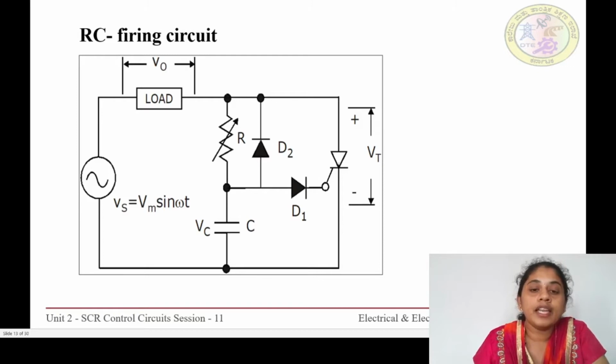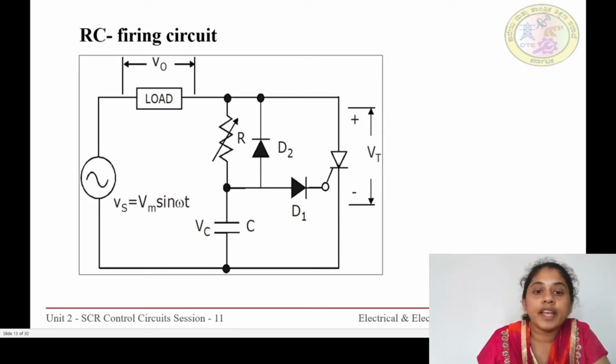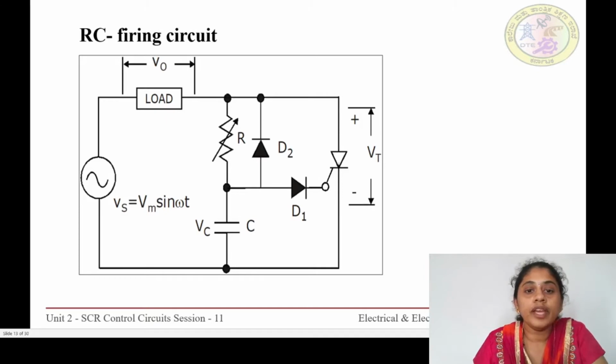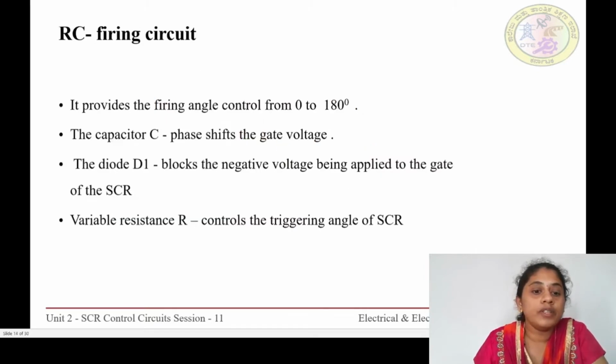This circuit mainly consists of a resistor, a capacitor, a diode D2 and a blocking diode D1. This diode D1 blocks the negative current flowing into the gate, and the variable resistor R acts in controlling the firing angle. Okay, now let us see how this works.